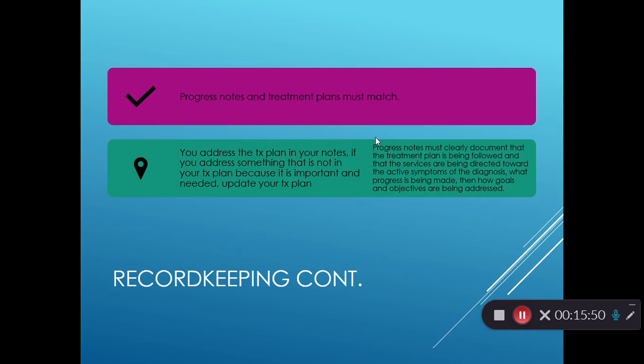That person's note should reflect their treatment plan, and their treatment plan should reflect why they're there in the first place, for whatever diagnosis they've come in for, to address the symptoms that they've reported. Those three things should always align. If they're not aligning, then something needs to be updated or changed, whether the diagnosis needs to be updated, or whether new goals need to be updated. Those all should still be reflected congruently with the progress notes as the client progresses through treatment.